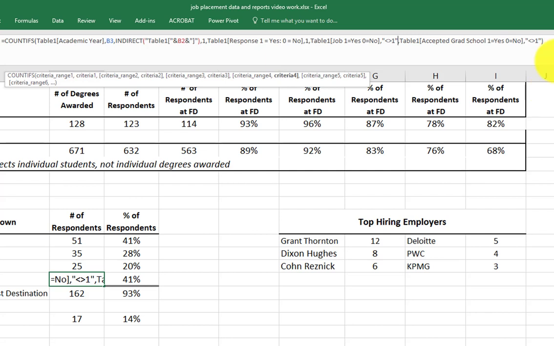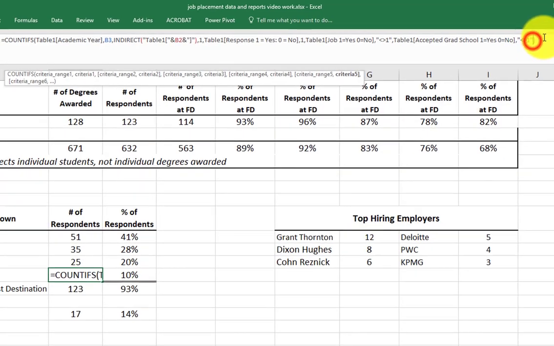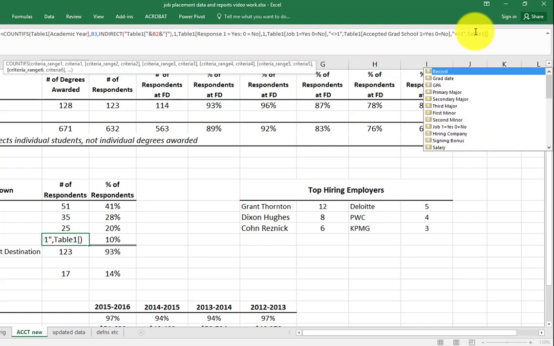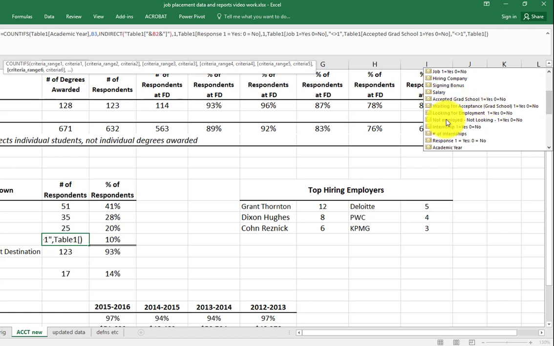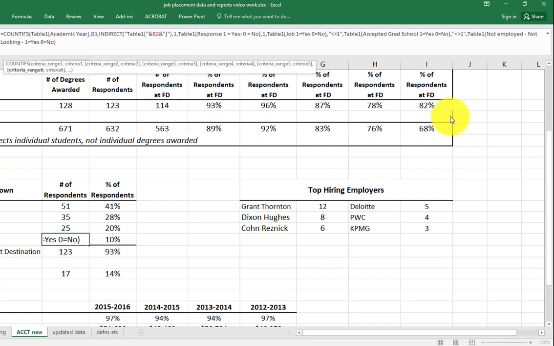Right, and also we'll go back up here now and add that they are not employed and not looking. Let's see, what's that? Here that one is. Okay, and that is equal to 1.